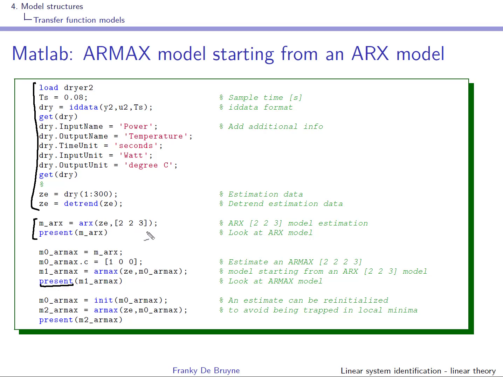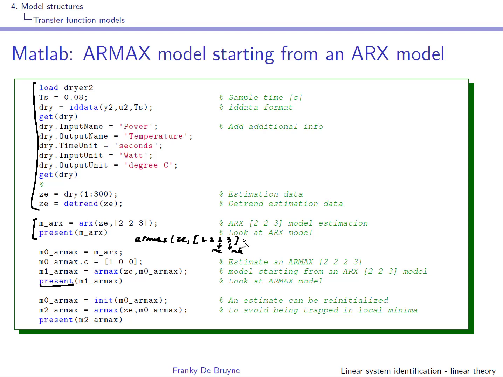An alternative command would be to just use ARMAX using the data and then use a vector with 4 elements, A and B, and now this is NC and this is NK.